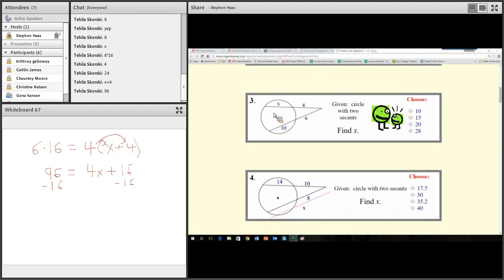And we have 80 equals 4x. And you divide each side by 4, and you get x equals 20. So x is 20. So, okay.